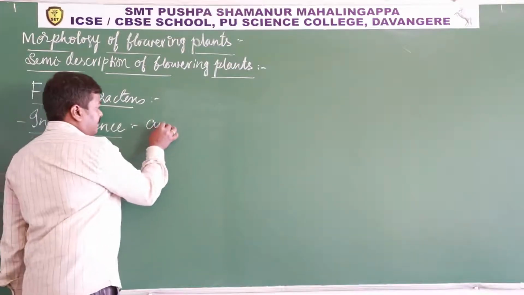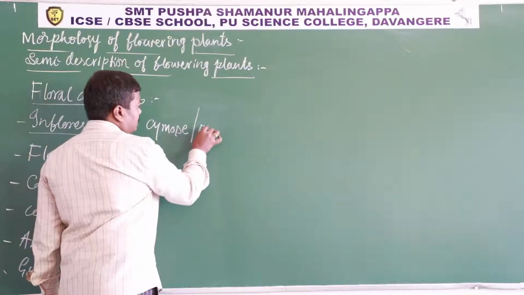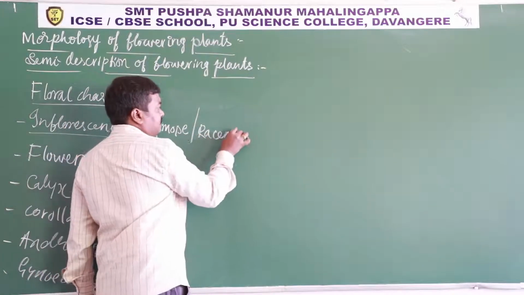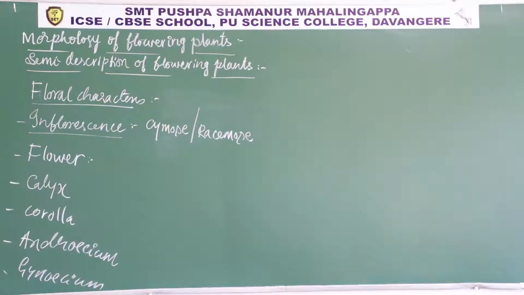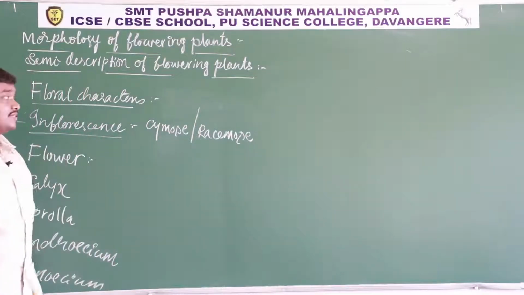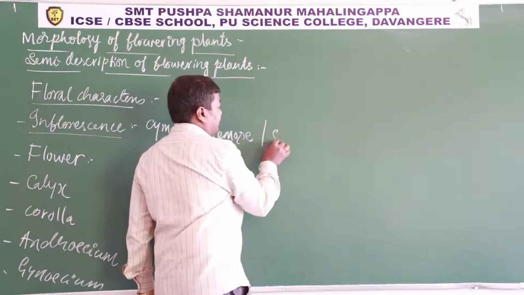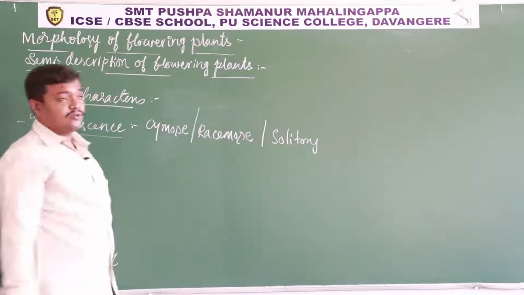You need to write whether the inflorescence is cymose or racemose. Cymose inflorescence or racemose inflorescence, you need to write. Or under the cymose one, a special kind is also there, such as solitary, that can also be mentioned. Solitary means only one flower is there, that is solitary.